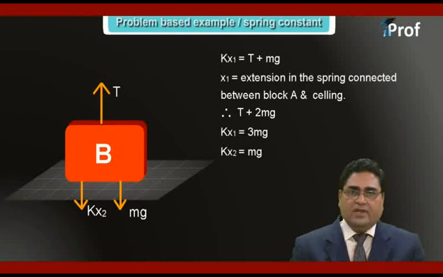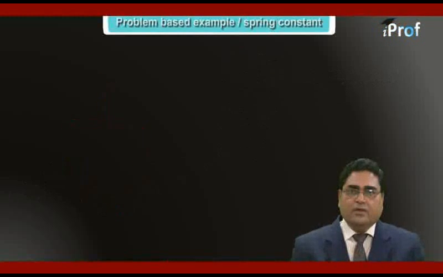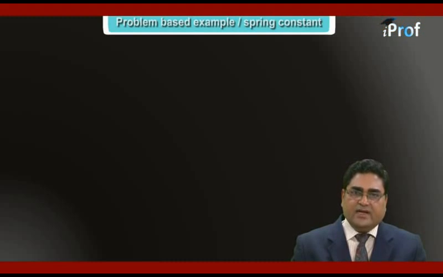Now let us see what happens when the spring between block A and the ceiling is cut. Kx1 will disappear, and block C will have zero acceleration because a spring can't change its behavior instantaneously. So the acceleration of block C will be equal to 0.